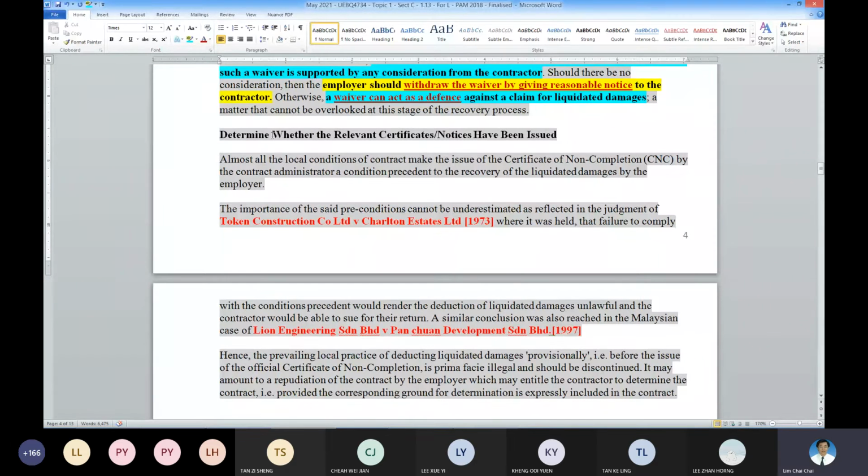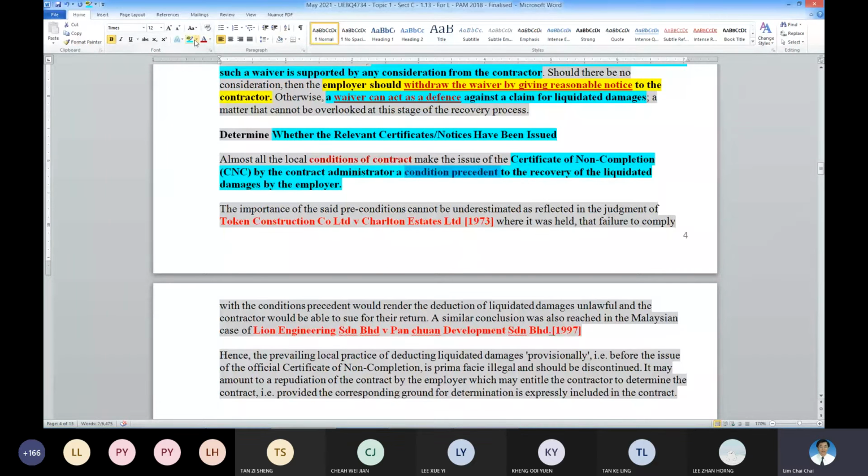So procedure to be complied. So these are the steps to be complied with by the consultants generally. In most conditions of contract, what to comply? The architect must issue a certificate of non-completion. This is very important, it's a condition precedent to make the right to recover LD valid.